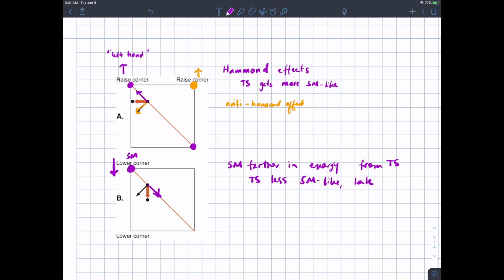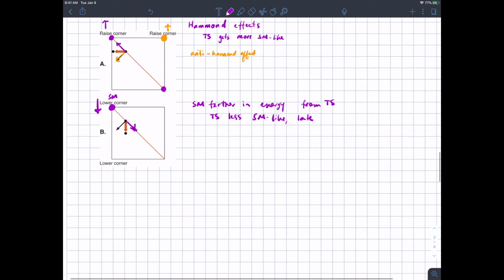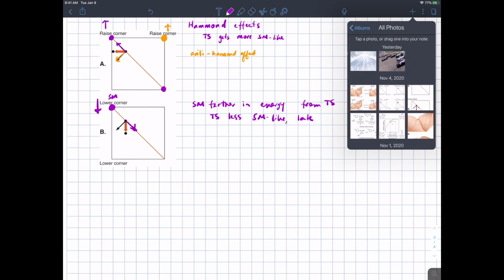And this is just, why do you care? This is just how people talk about kinetics. So I want to show you an example where this matters and where you can use this kind of analysis to rationalize some experimental results.